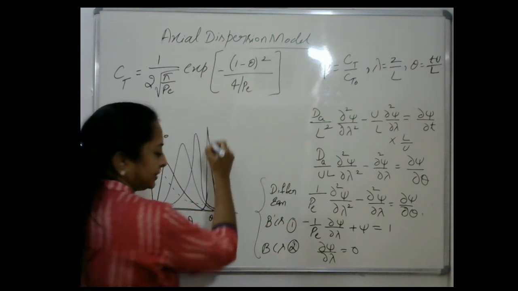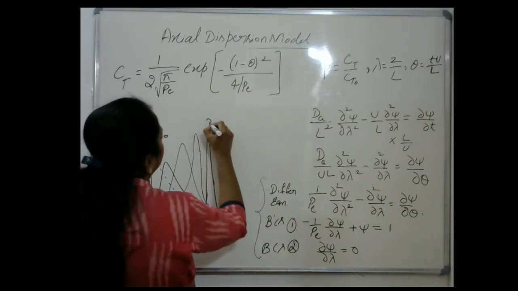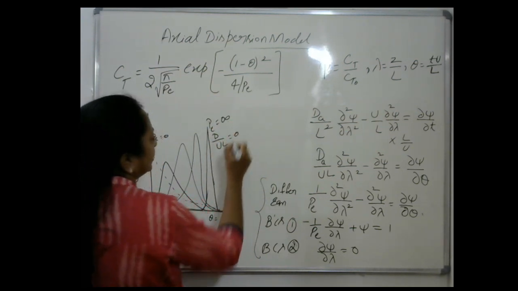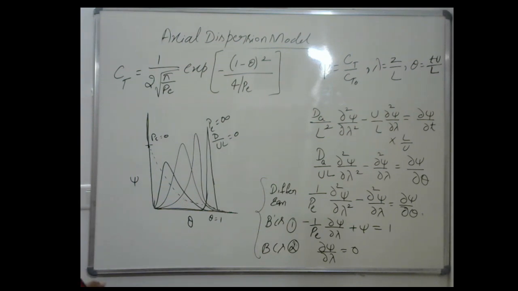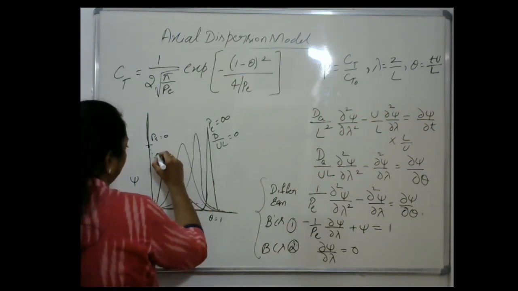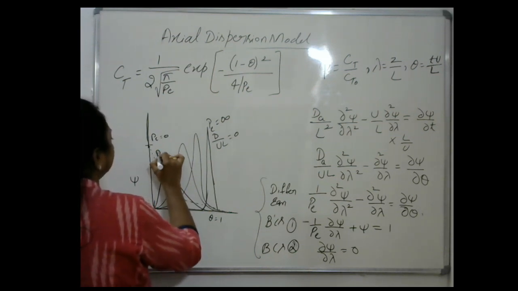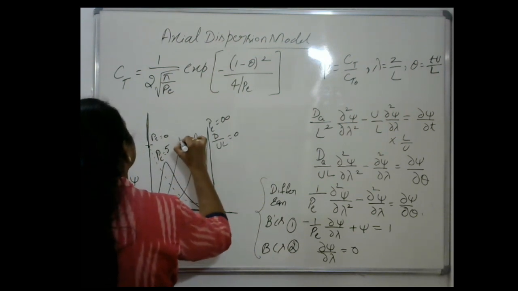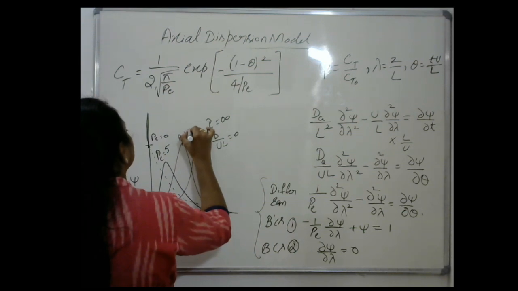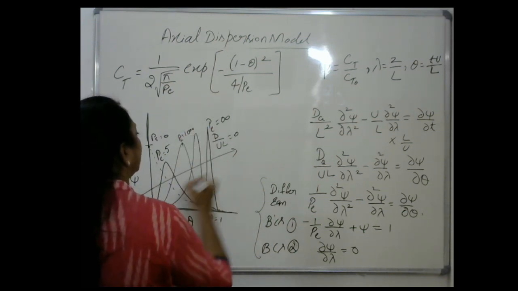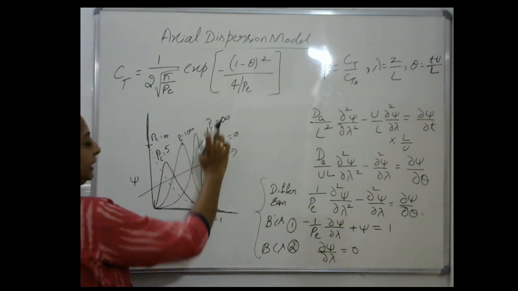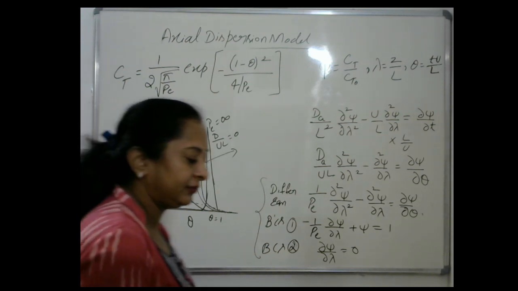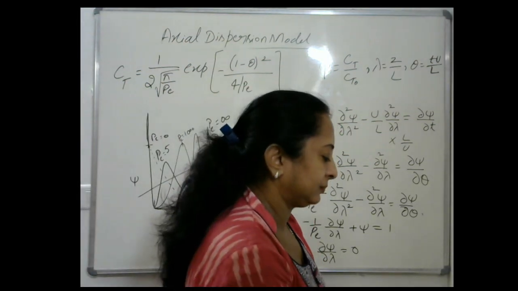Here theta is equal to 1, and here Pe is infinity, or D by uL is 0. Suppose the Peclet number here I will call 5, and here it is 1000. As the Peclet number goes on increasing, at infinity it is approximating plug flow.